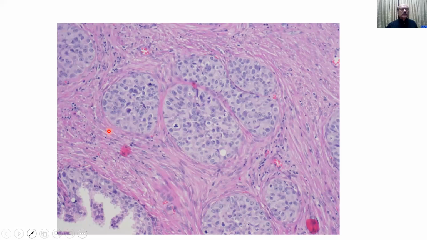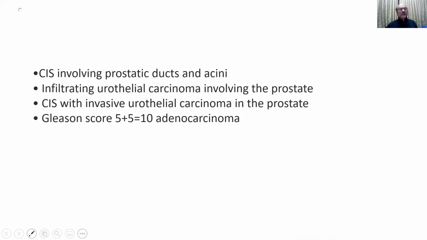The tumor cells are not infiltrating into the surrounding stroma. So what are the choices? CIS, carcinoma in situ involving prostatic ducts and acini; infiltrating urothelial carcinoma involving the prostate; CIS with invasive urothelial carcinoma in the prostate; or Gleason score 5+5, 10 adenocarcinoma.